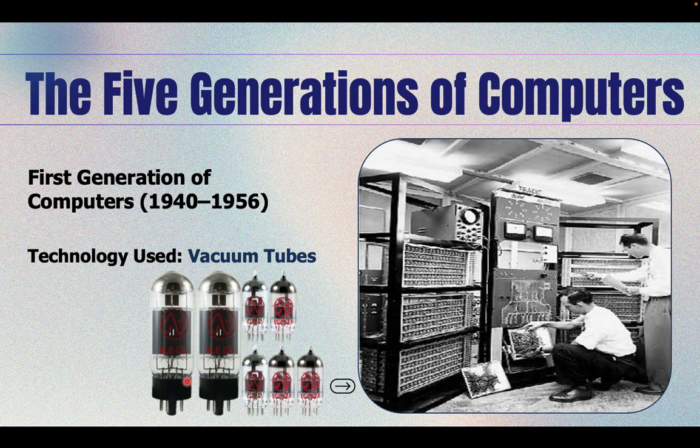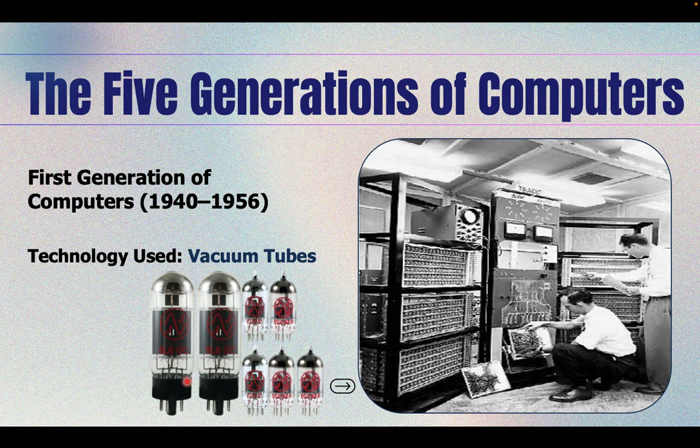Right. Let's delve straight into the generations of computers. So basically we have 5 generations of computers. We'll look at the first one, and it spans from 1940 to 1956. When computers started within this time frame, the technology used is referred to as vacuum tubes.